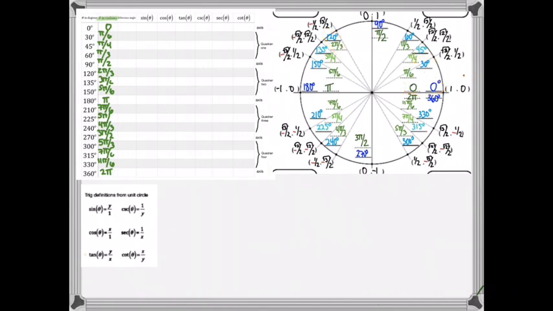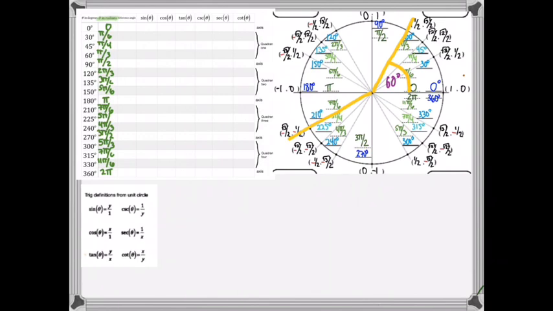The next concept that we're going to take a look at is a reference angle. A reference angle basically means that, say if I go to 60 degrees right here, the reference angle is always going to be the angle that I make with the closest x-axis. So in this case, it would be 60 degrees. Now, it seems like, of course it's 60 degrees, but say you went 210 degrees over here.